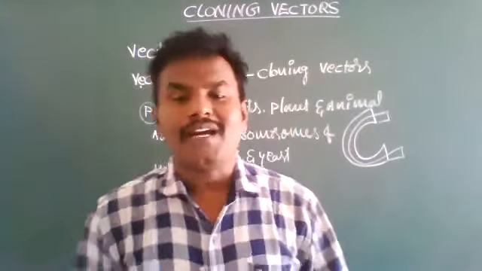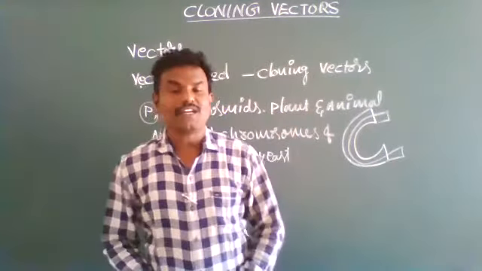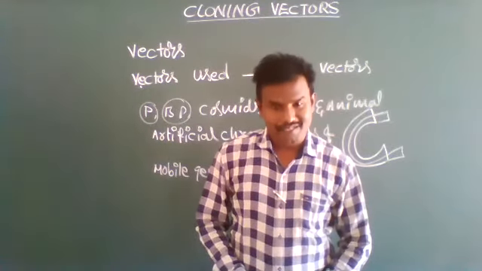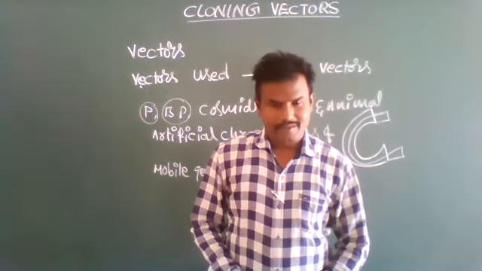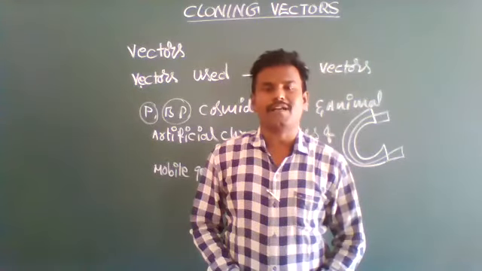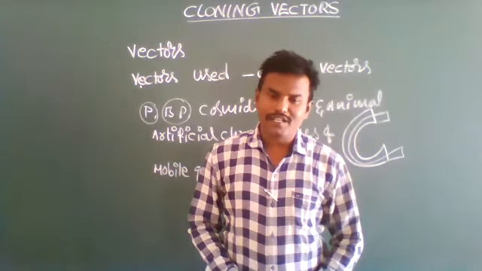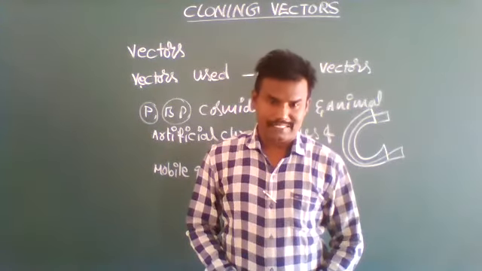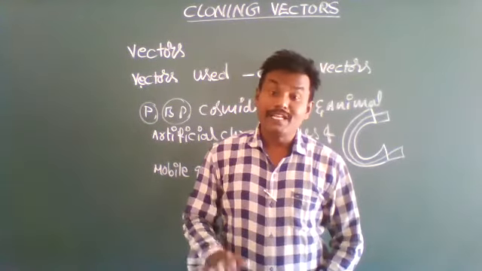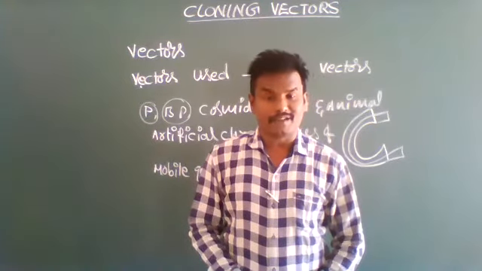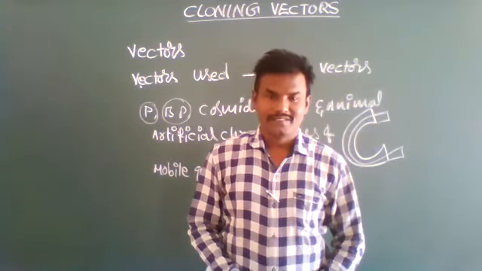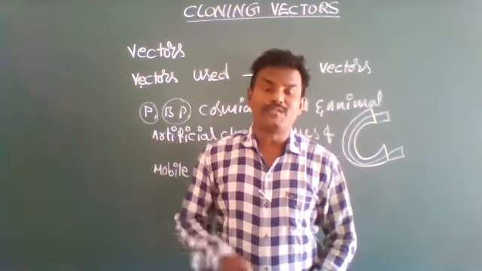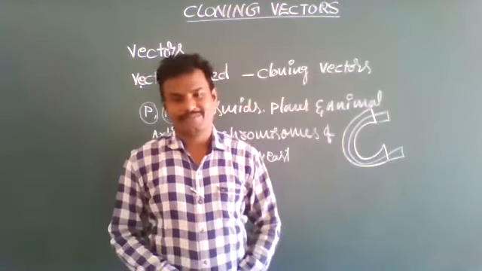Plasmids are autonomously replicating, circular, extrachromosomal DNA. Plasmids are used in genetic engineering experiments because they are very easy to isolate and reintroduce into host organisms.